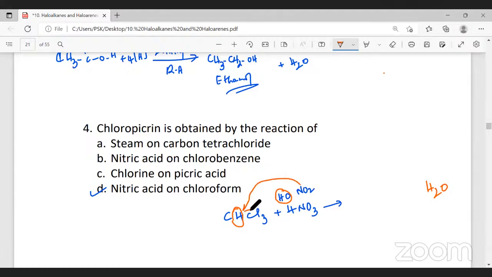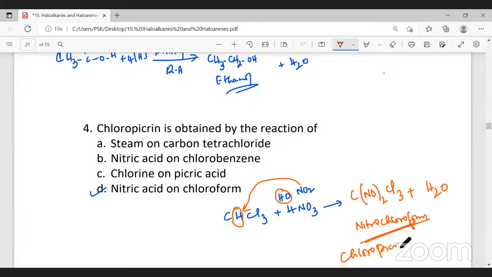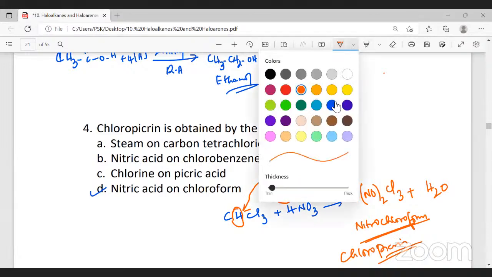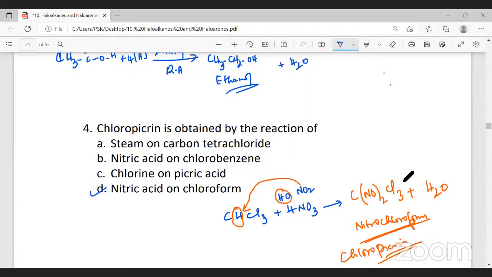Because carbon should satisfy tetravalency, NO2 goes. So what I have now is C, NO2 and Cl thrice. This is called nitrochloroform. The common name for nitrochloroform is chloropicrin. Did you understand the reaction? Yes, sir. Wonderful.